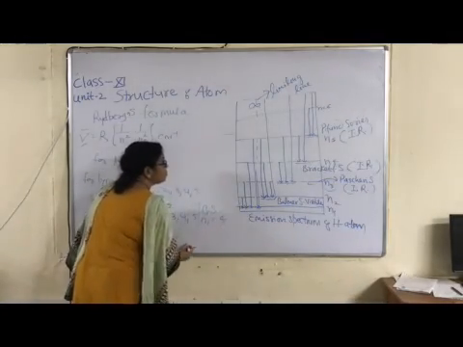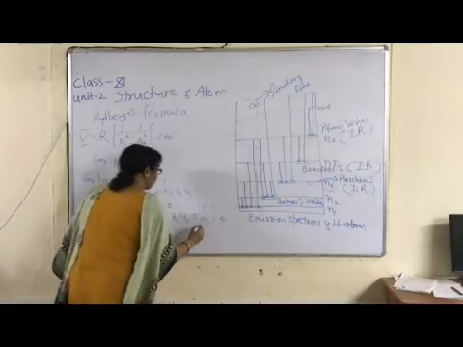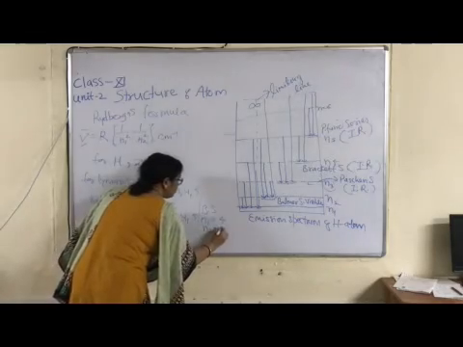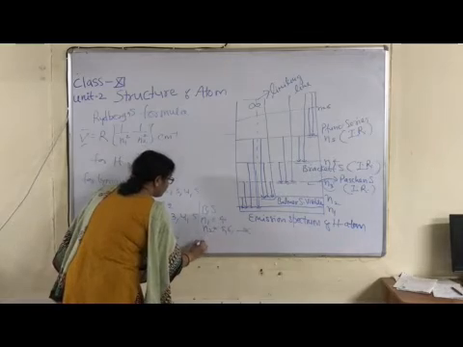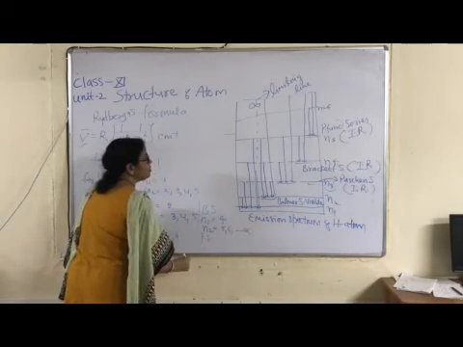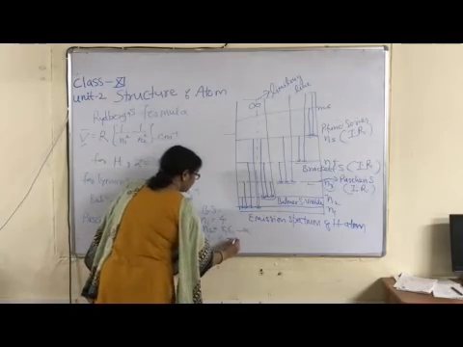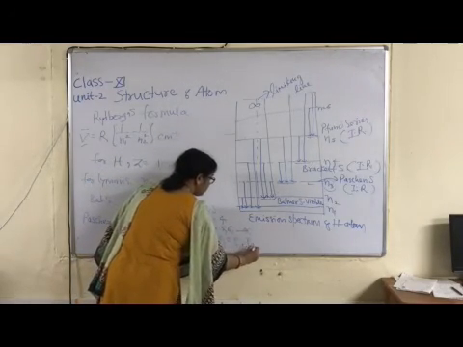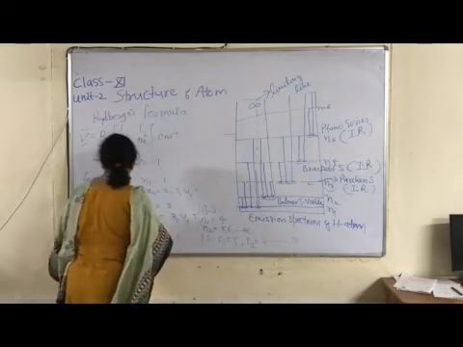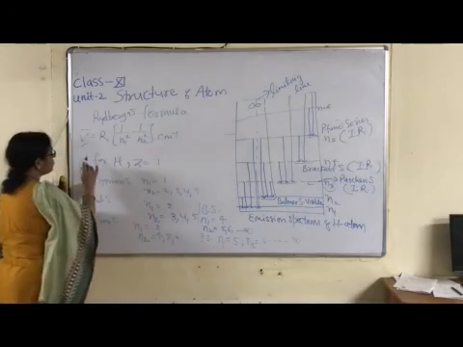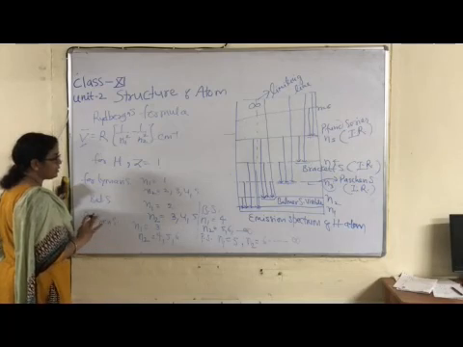N1 is equal to 4. And first higher energy level for Brackett series is 5. N2 is equal to 5 and 6 and last is infinite. And then third series, N1 is equal to 5 and N2 is equal to 6 onwards. Right children? So in this manner we can calculate wave number of electron in any series.